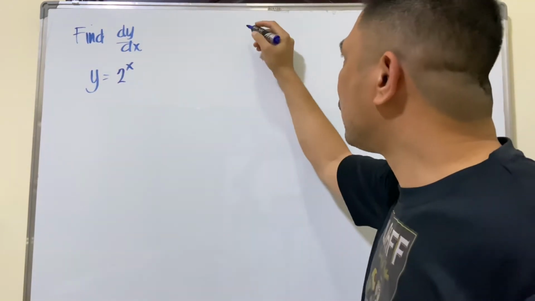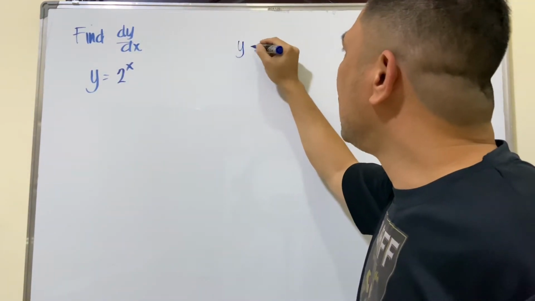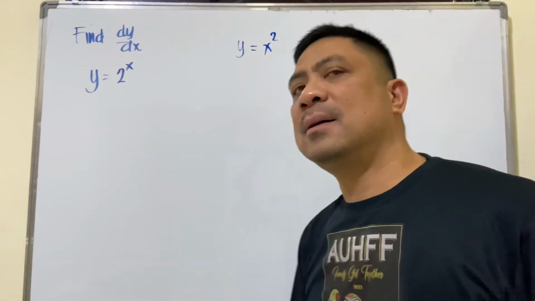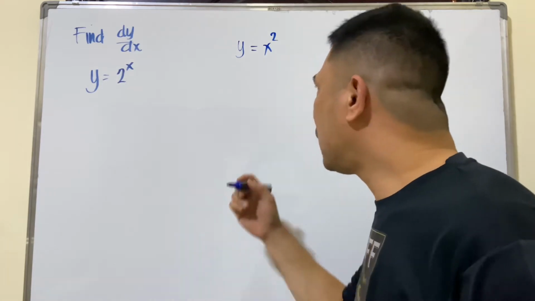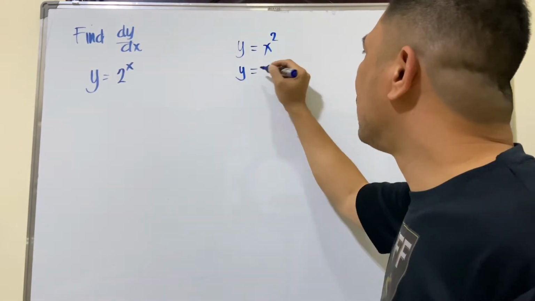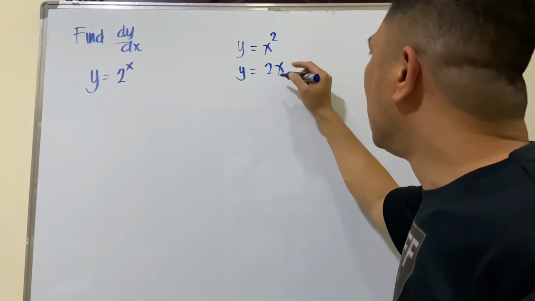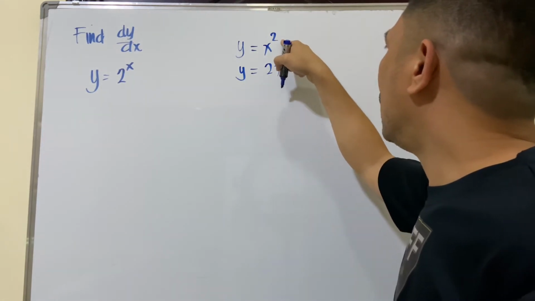What do I mean by that? If you have y is equal to x squared, all you have to do is apply the power rule: this exponent 2 will move here, and then just deduct 1 from the exponent.